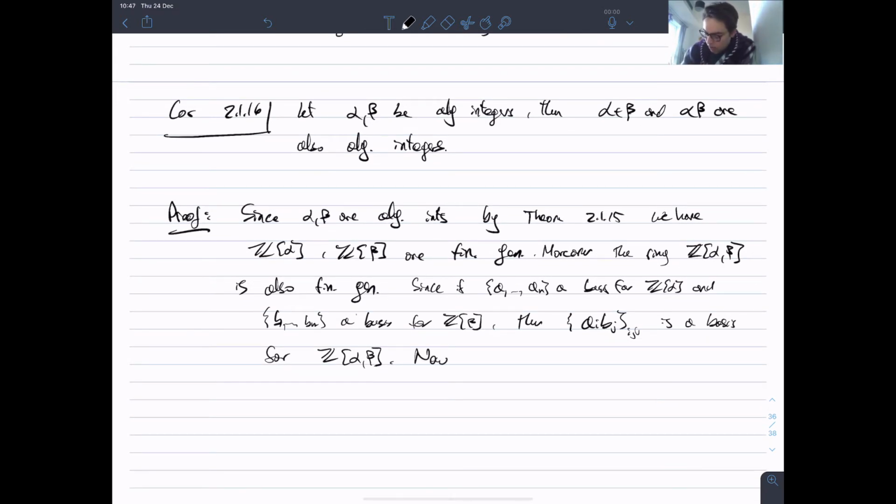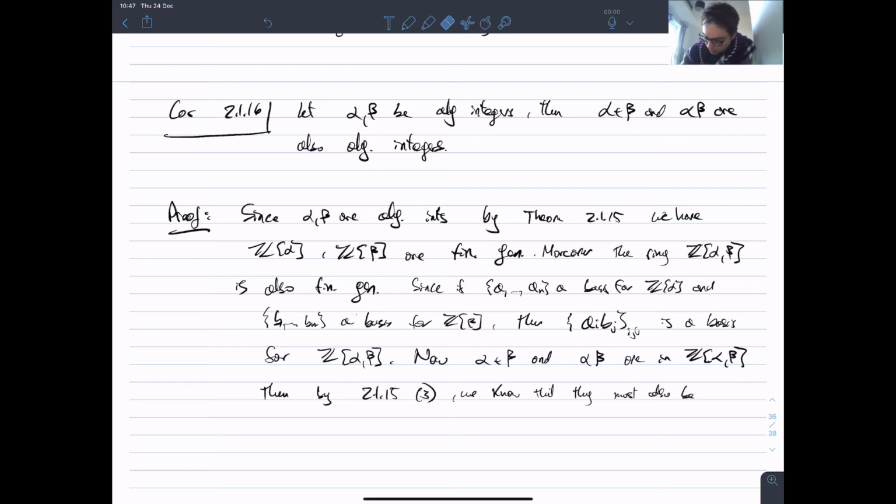Now, alpha plus beta and alpha beta are elements of this ring. Then if you go back to Theorem 2.1.15 and look at part 3, we know that they must be algebraic integers.